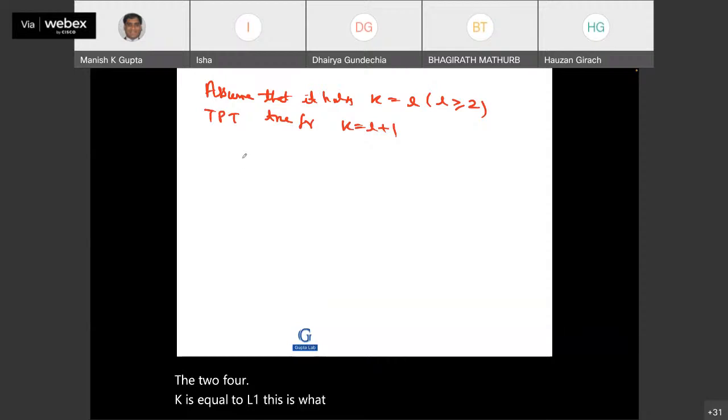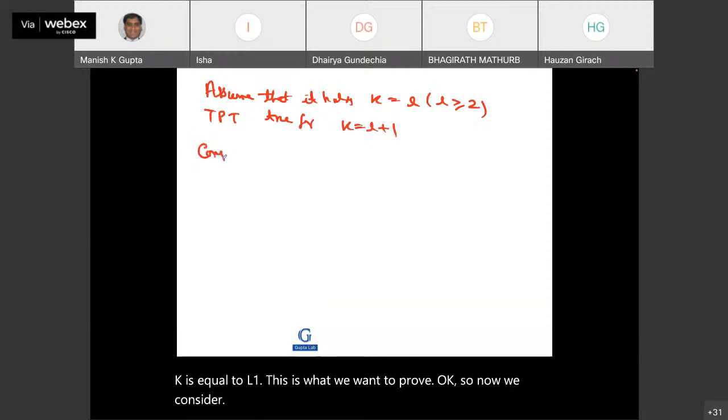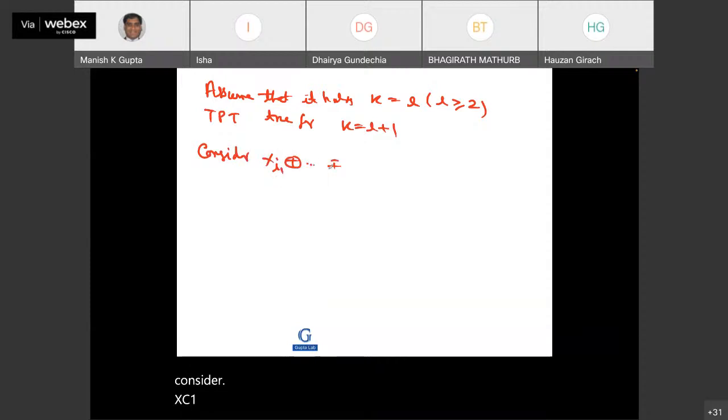So now we consider the sum Xi1 up to Xi(L+1), taking L plus 1 variables.